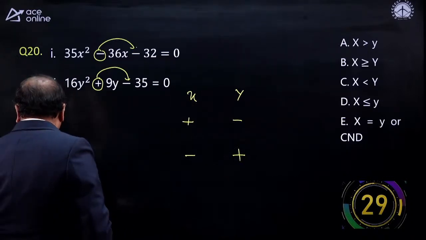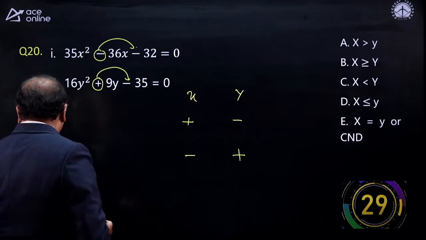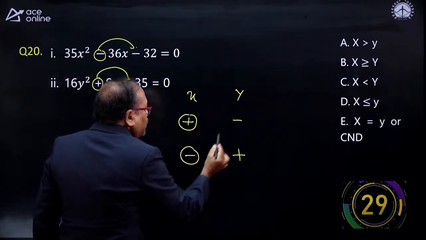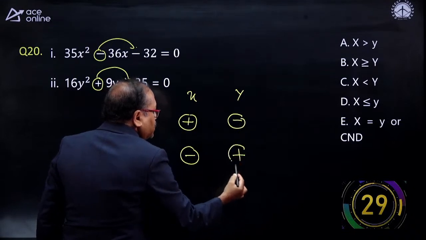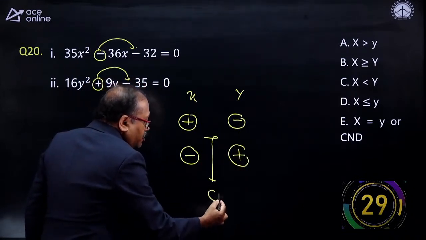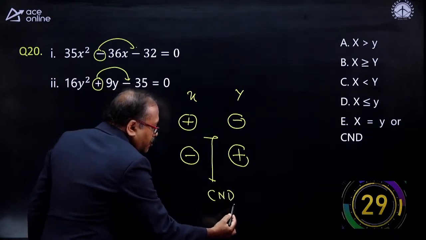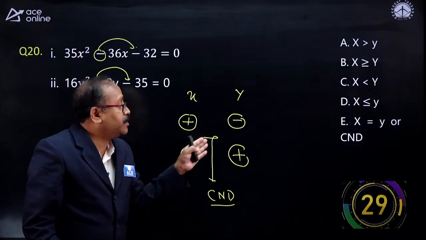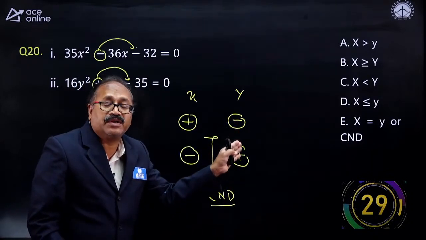Please remember, my friends, whenever we have one plus here, one minus here, and one minus and plus over here, then the result will always be cannot be determined. The x value, one is plus and the other one is minus. The y value, one is plus, the other one is minus.